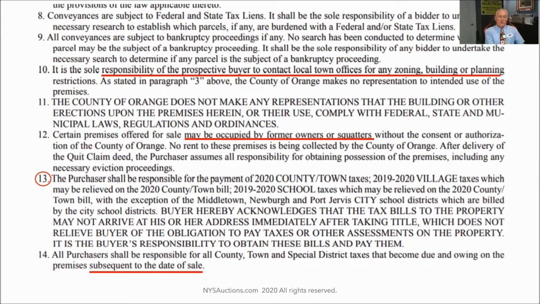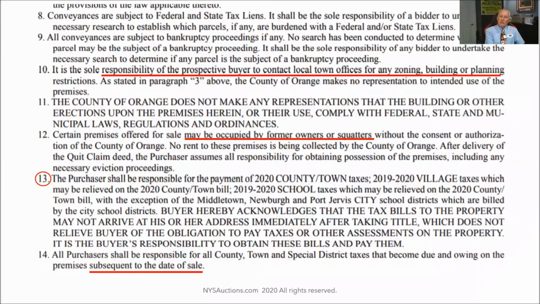You can do it yourself, or you can do it through legal counsel, whatever is of comfort to you. If you see a property that you think is going to remain occupied once you take title, you may want to start looking at the particular county that you're looking to buy property in. Visit the sheriff's office there, and online they have a lot of information on the eviction process and how that works.